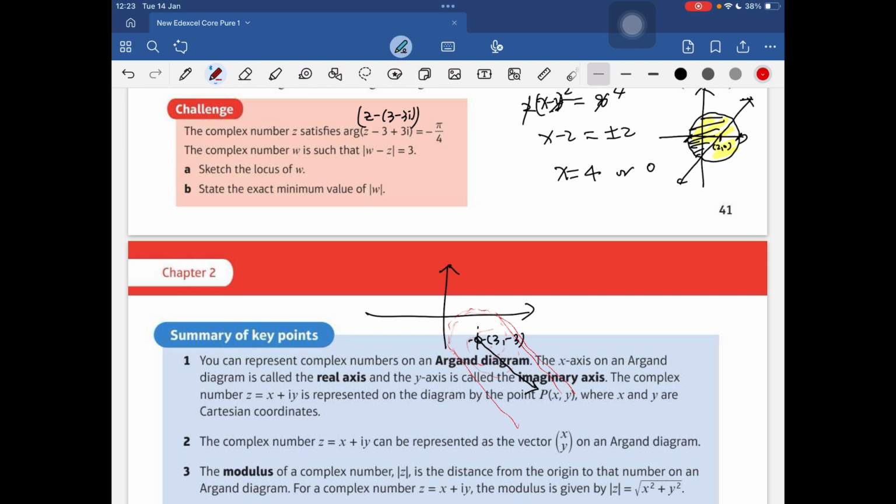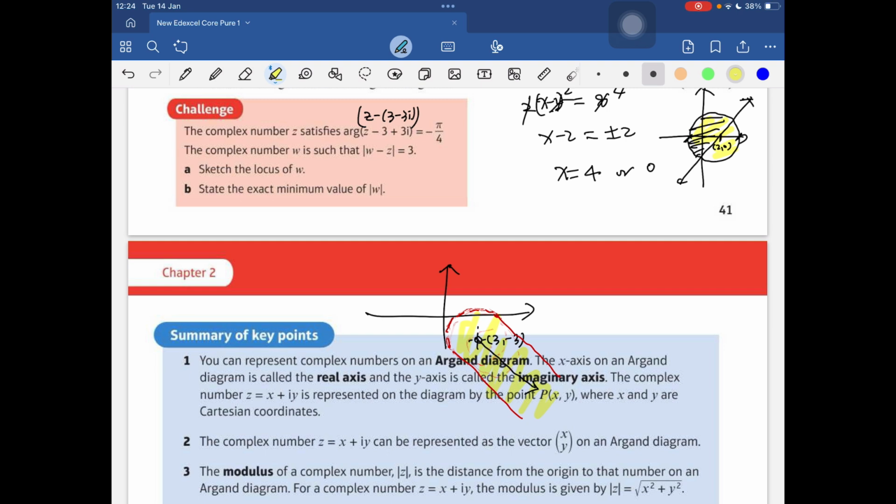So here, this is the w locus, this and this. And this, which is dashed. And all inclusive inside, like this.